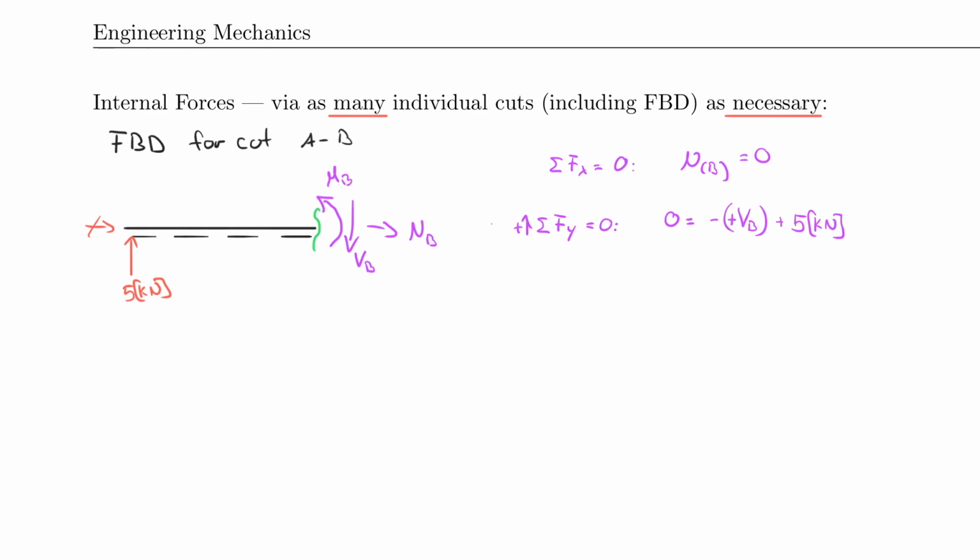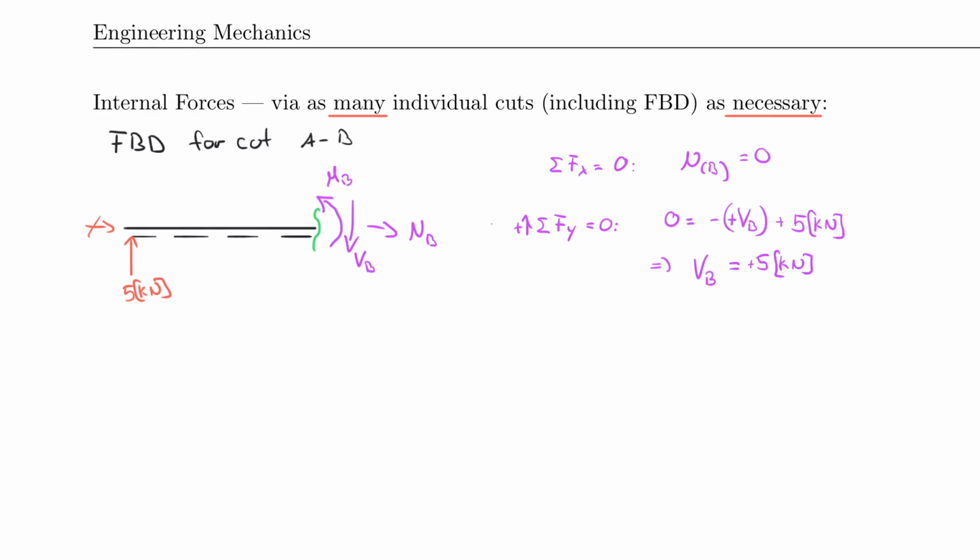And so therefore my VB is really equal to 5, and that is positive 5 kilonewton. And that is a result that we will use later on. So I'm not going to double underline it here because I will just use it in my diagrams.